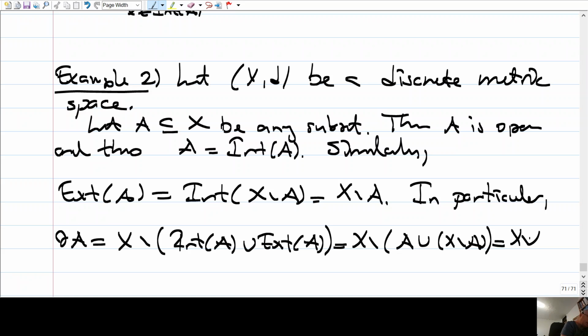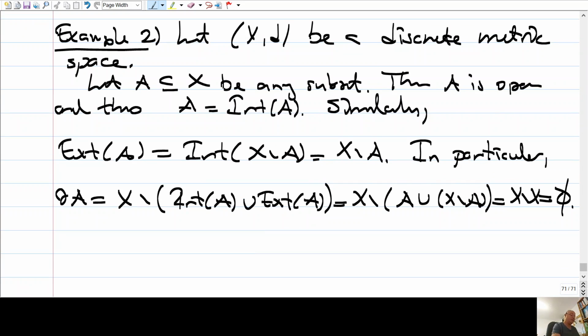Well, this is X minus X, and that's the empty set. So, in a discrete metric space, all boundaries are empty. Okay. So you see, discrete metric spaces are really weird objects. They are not like anything we have seen so far.